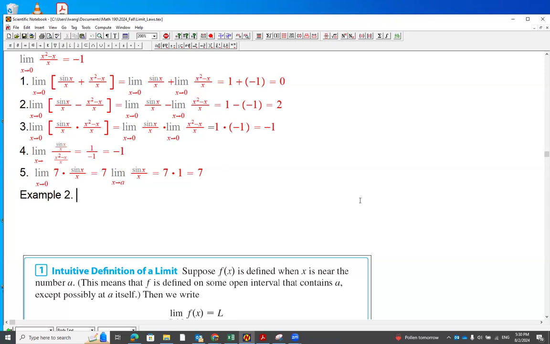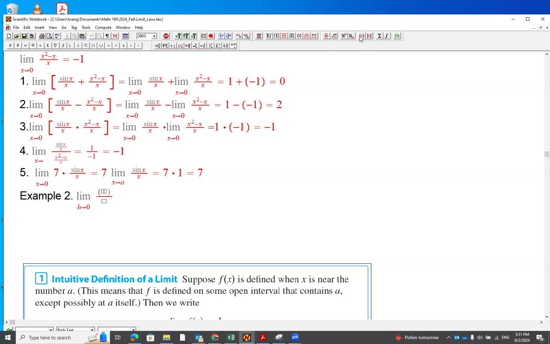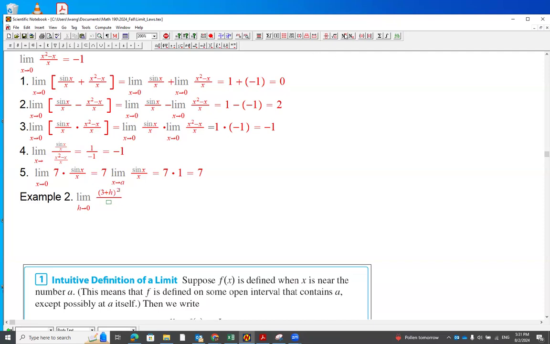Okay. Example number 2, we're going to look at the limit, and this is the limit of our interest. The limit as h approaching 0, and we have a quotient. This quotient is 3 plus h squared, subtracting 9, divided by h.